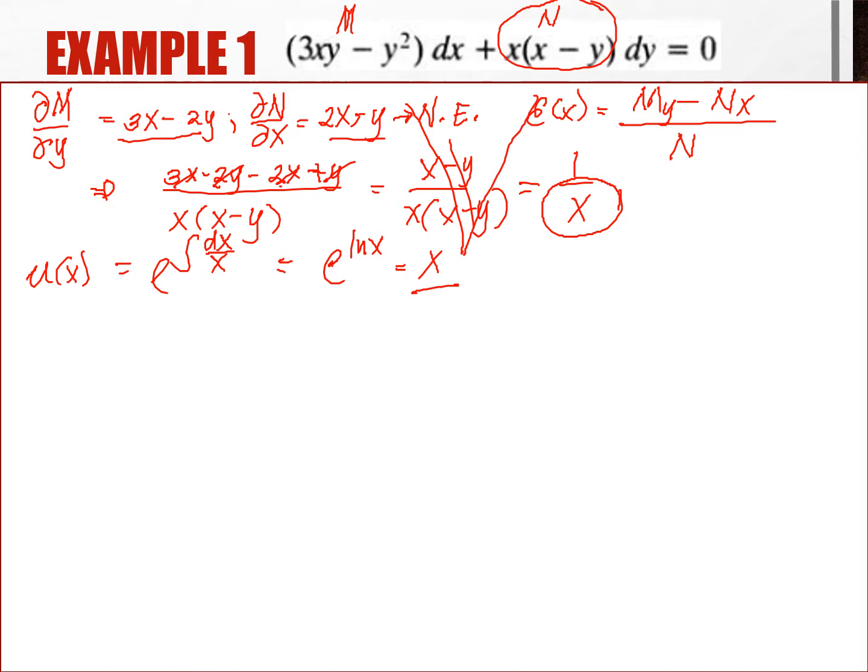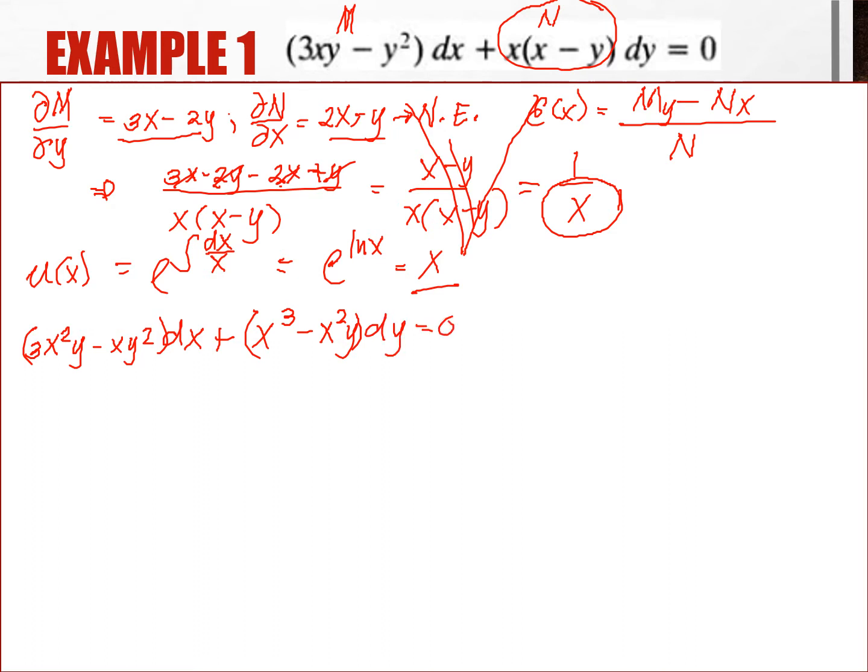So therefore, your equation now is (3x squared y minus x y squared) dx plus (x cubed minus x squared y) dy equals 0.